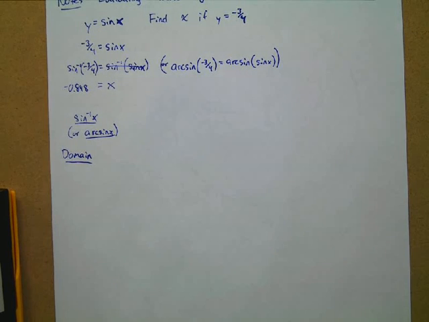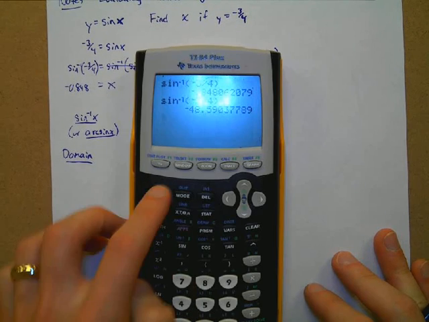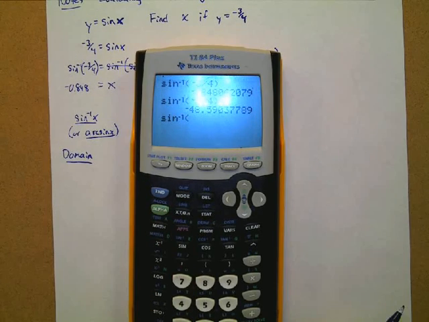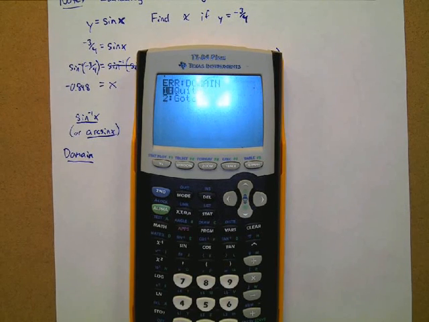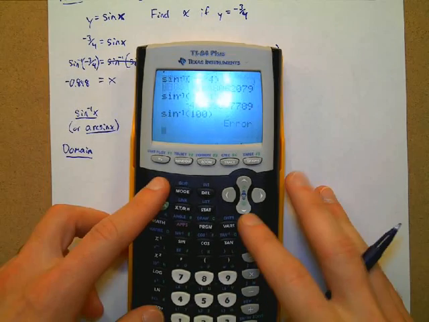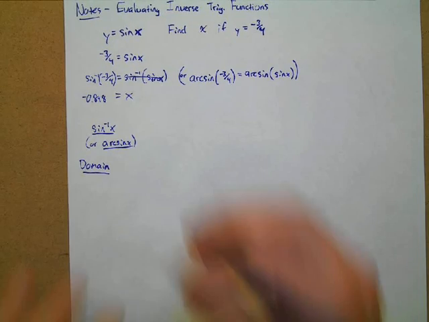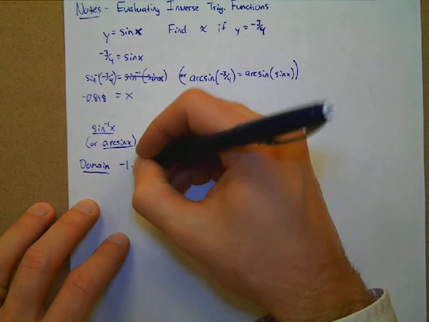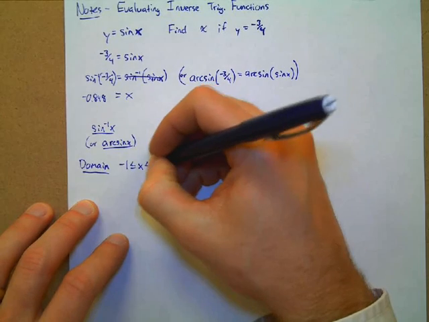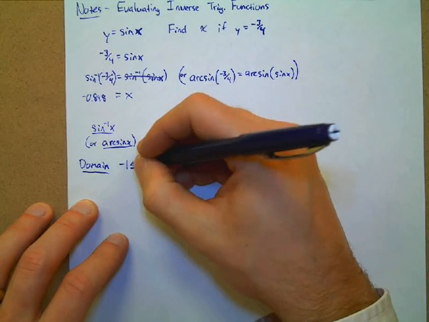In fact, if I type in second sine and then 100, it gives me an error. 100 is not in the domain. The domain for sine inverse is from -1 to 1.